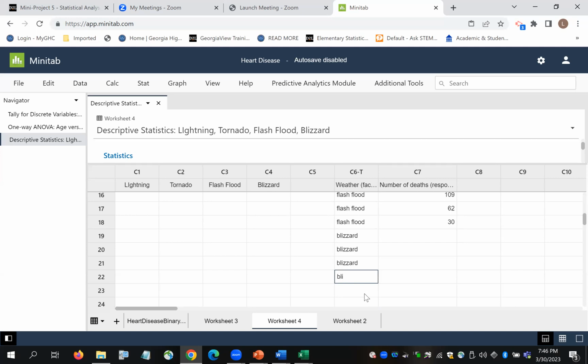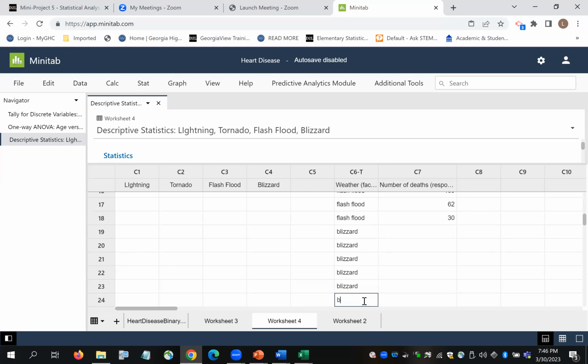So you're taking the table and basically stacking it on top of itself, one row on top of the next row, so that you end up with one column that has all of the events, and a column that has all of the data. I apologize, I forgot that part.